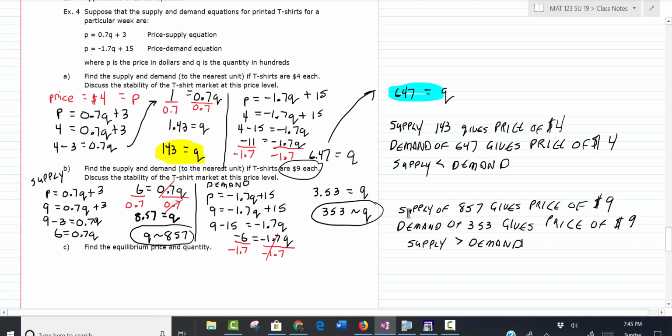So here's what you get. You have a supply of 857 gives the price of $9, and the demand of 353 gives the price of $9. Okay, you could write that in different ways too. It's probably even better if you say at a price of $9, the supply is 857 and the demand is 353. You can write it like that.